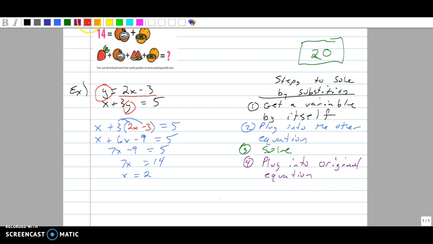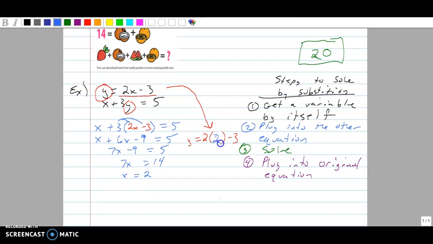Now, the original equation was this y. So we have y is equal to 2x minus 3, but here's the thing. Wait a second. I'm going to back up. Instead of 2x minus 3, it's going to be 2 times something minus 3. Because guess what? We know what x is. x is 2.